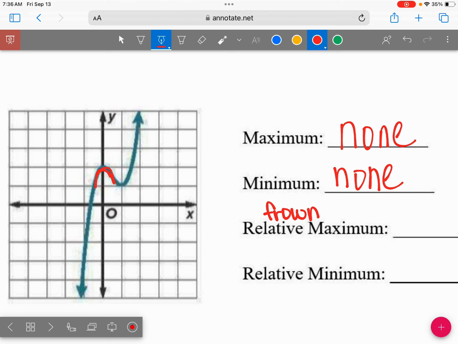And there is a frown right here. So what is the top of that frown? The top of that frown is right here, and that's at 0, 2. For relative min, I'm looking for a smile. And that would be right here. And that point would be at 1, 1.